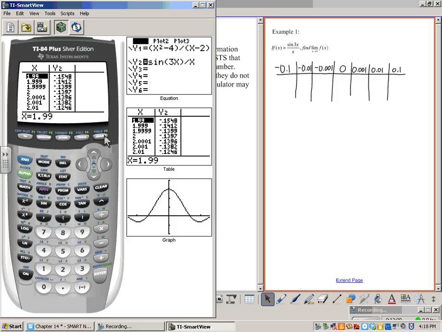All right, so this time we are approaching 0, so we're going to change this to negative 0.1. Okay, we get a value in there, negative 0.01. Negative 0.001.